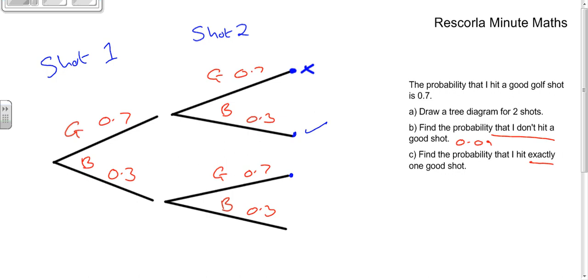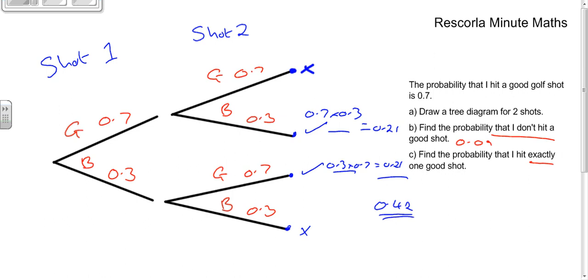This one here, I hit a bad one first of all, then a good one, so that is 1 good golf shot. This one down here, I've hit no good golf shots, so that's 2 bad shots, so I don't want that one. So I just want this one here and this one here. So that's going to be 0.7 times 0.3, which equals 0.21. This one here is 0.3 times 0.7, which equals 0.21. I then add them together, which is 0.42. Well done if you got that one.